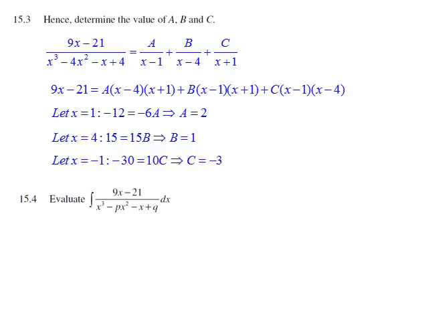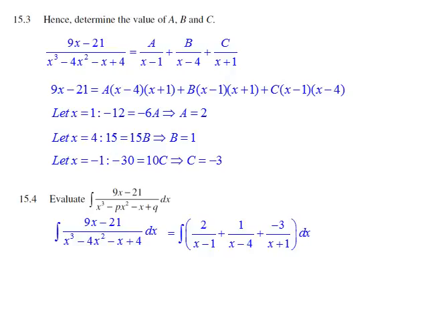As the last question, we're asked to evaluate the integral of (9x minus 21) over (x cubed minus px squared minus x plus q). So from activity 15.3, we know that this integral can be written as the integral of 2 over (x minus 1) plus 1 over (x minus 4) plus negative 3 over (x plus 1), which is easy to integrate as all three of those terms will integrate as ln.